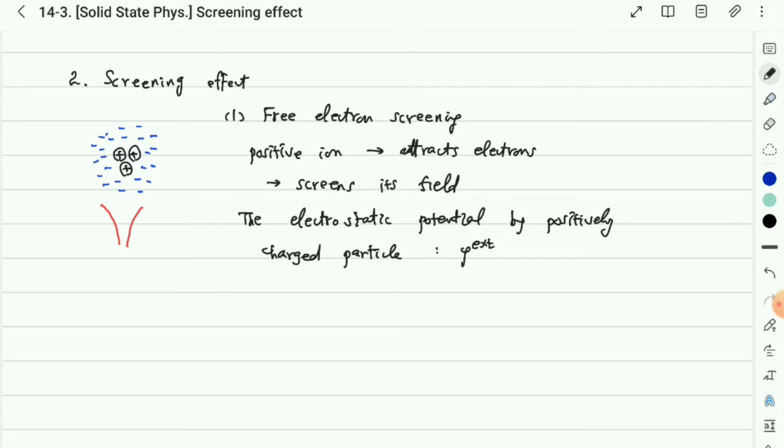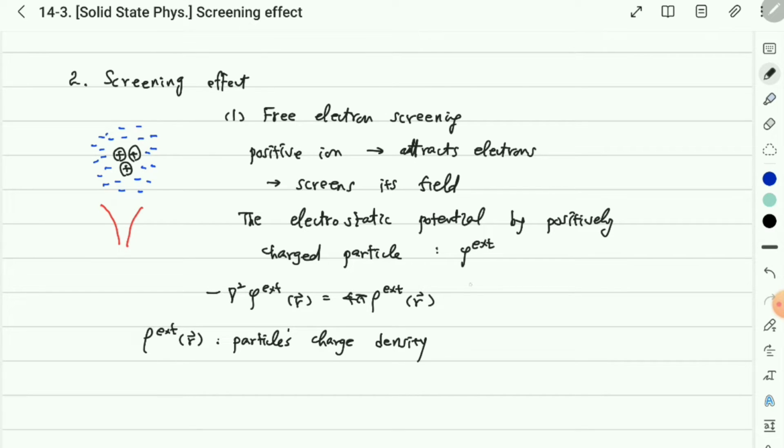Then we should solve the Poisson equation in the electrostatic problem: minus Laplacian phi external as a function of r is 4 pi rho. Here rho external r means the particle charge density, and we should solve the Poisson equation.